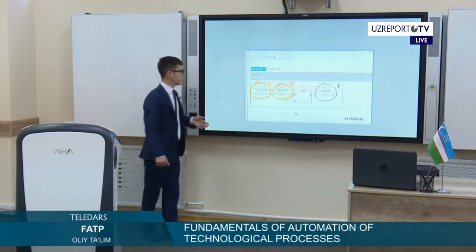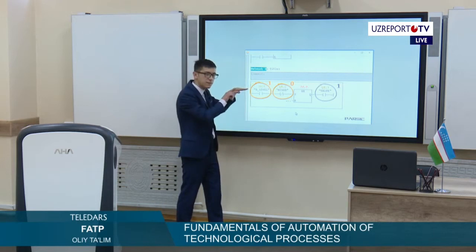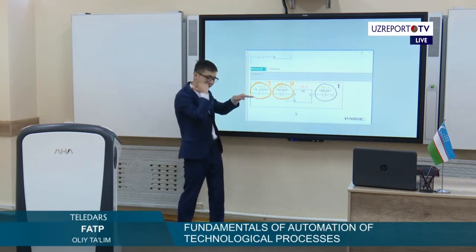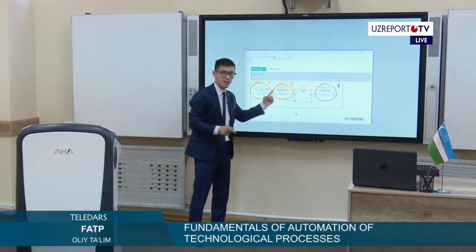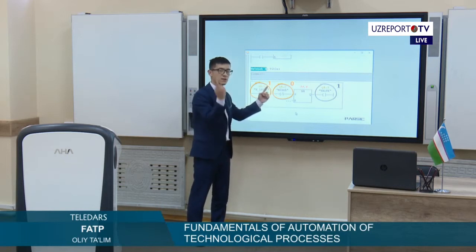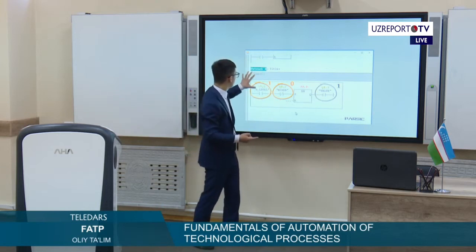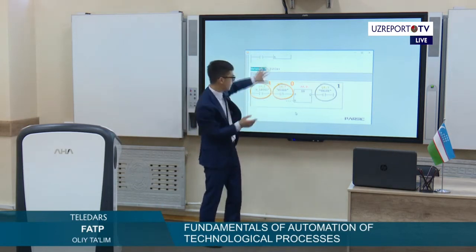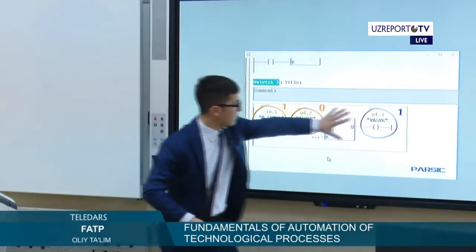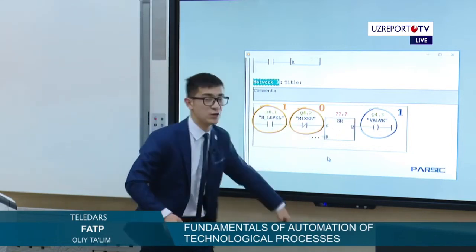And the mixer. At high level, when the high level sensor gives a signal, the pumps will stop. At the same time, when pumps number 1 and 2 stop working, the mixer automatically starts working for 7 seconds. And it goes to the valve. It means when the high sensor works and the mixer mixes and stops, the valve on the downside will open and liquid goes to the user.